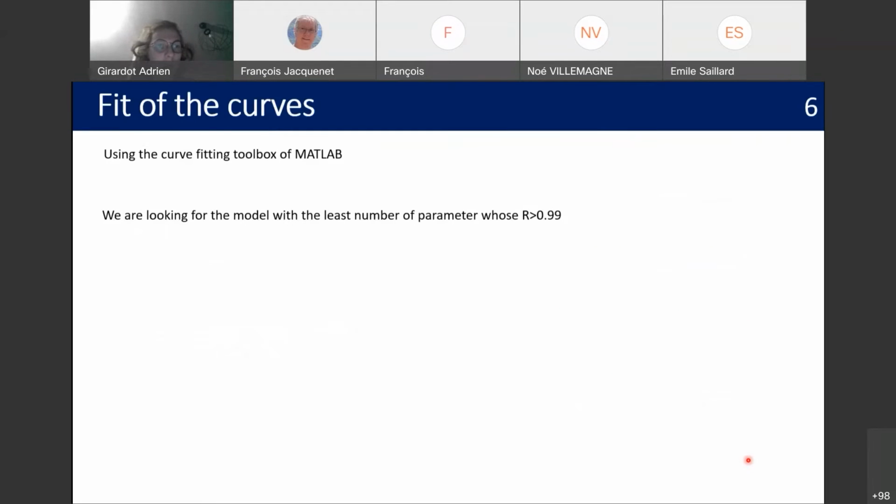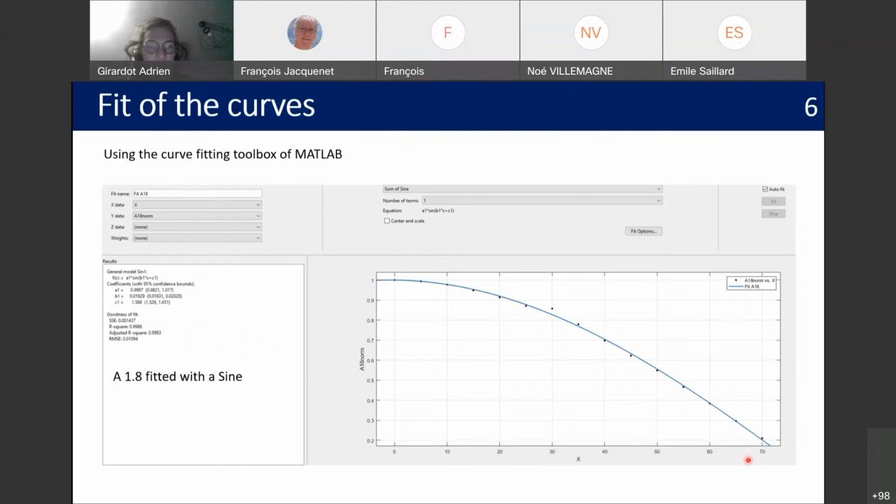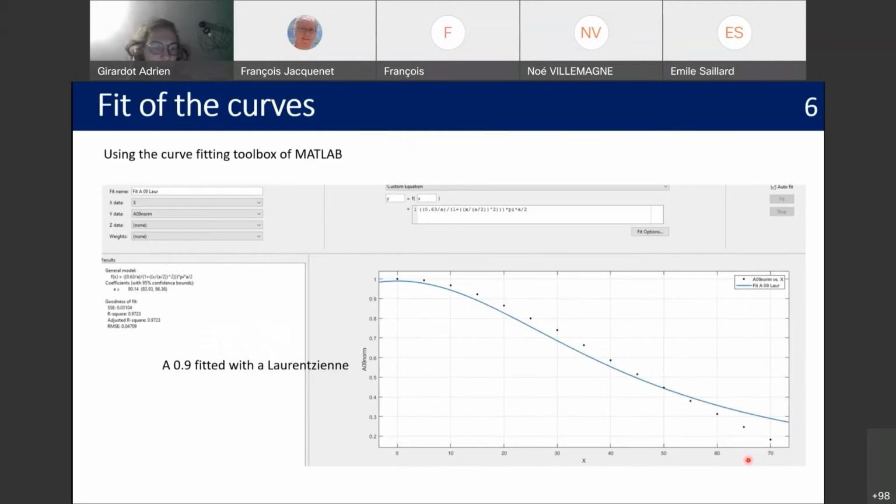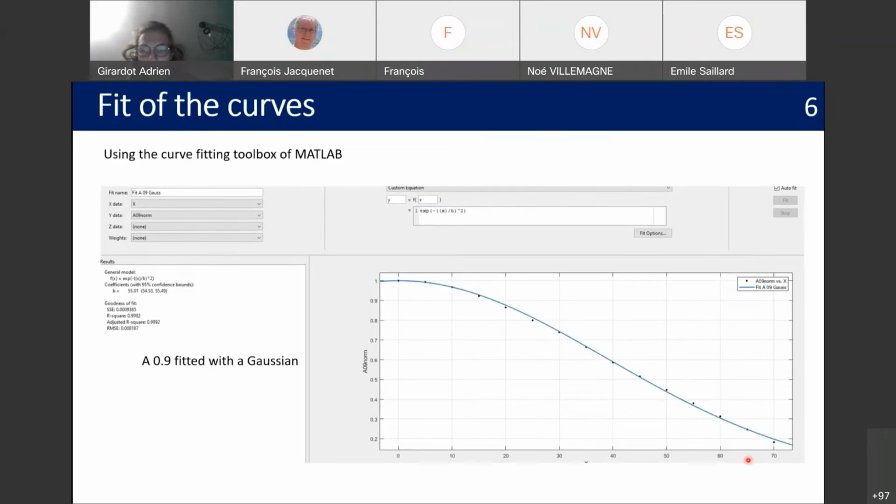So we used the curve fitting toolbox of MATLAB. As you can see, for the thickest sample, the sum of sines fits pretty well. For the middle thickness sample, the Lorentzian does not fit well, but the Gaussian is much better.